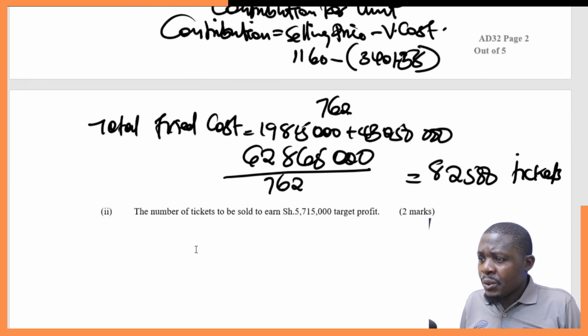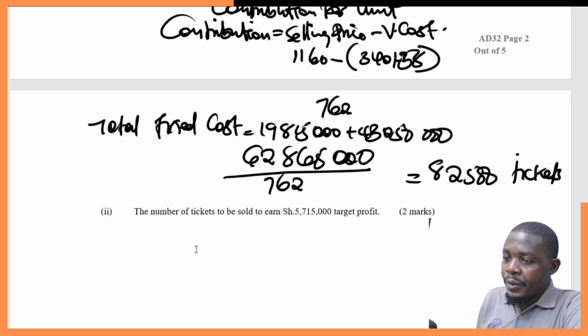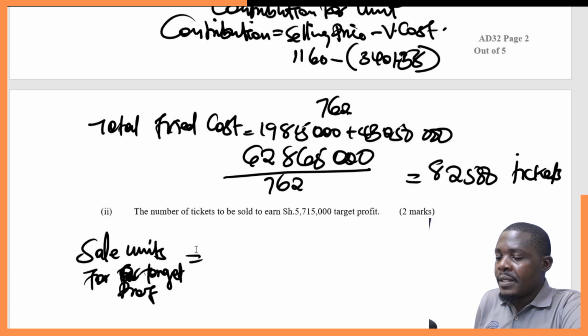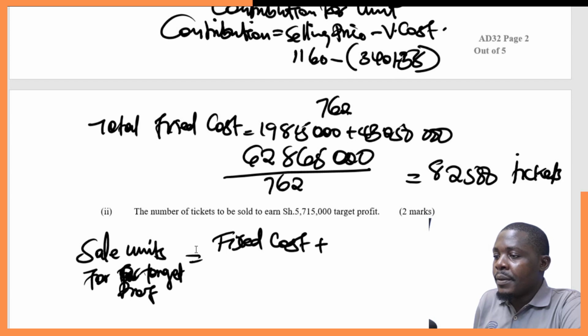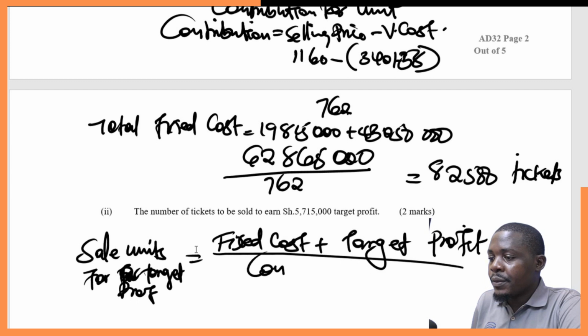The number of tickets to be sold to earn a target profit. The sales units for a target profit is given as the fixed cost plus the target profit over contribution per unit.